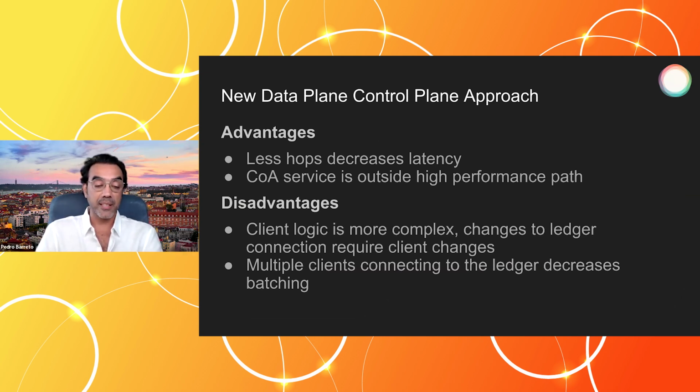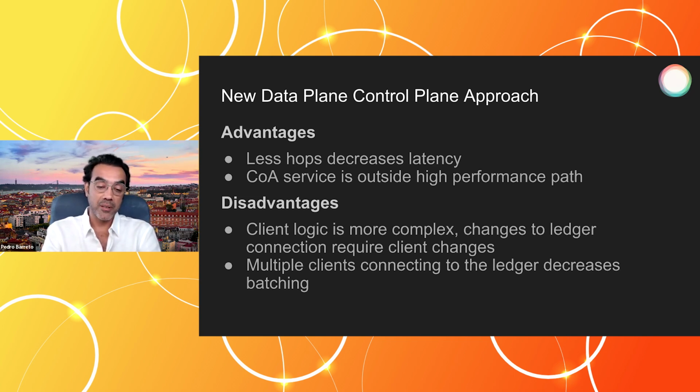The other thing is that if we have multiple clients, and remember, vNext and also the current version of Mojaloop as a whole is optimized to scale out, to scale horizontally, to accommodate more load, which means that we have more instances of a service connecting to the ledger.